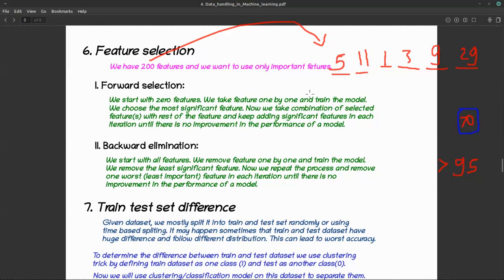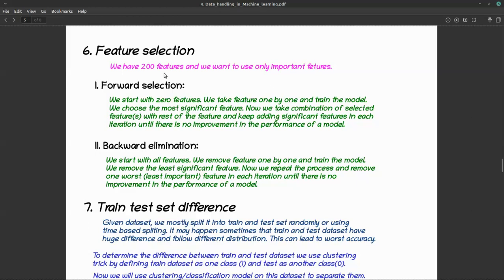You want to make sure you are not giving garbage to your machine learning model. So if 5 features are sufficient, don't worry, just use 5 out of 200. Or train one or two different models with different sets of 5 features, and if each gives more than 95, use stacking or an average model.